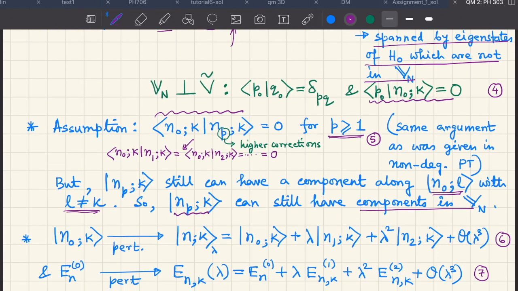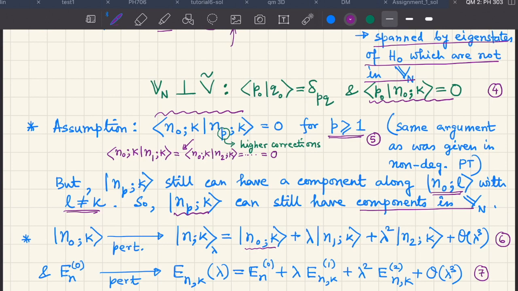So then the next step that we had followed was this n naught k. I know that if I perturb, I can actually expand it in a series of this nk lambda, because this will depend continuously on the small parameter lambda, as n naught k being the unperturbed state, then lambda n1k plus lambda square n2k and so on.